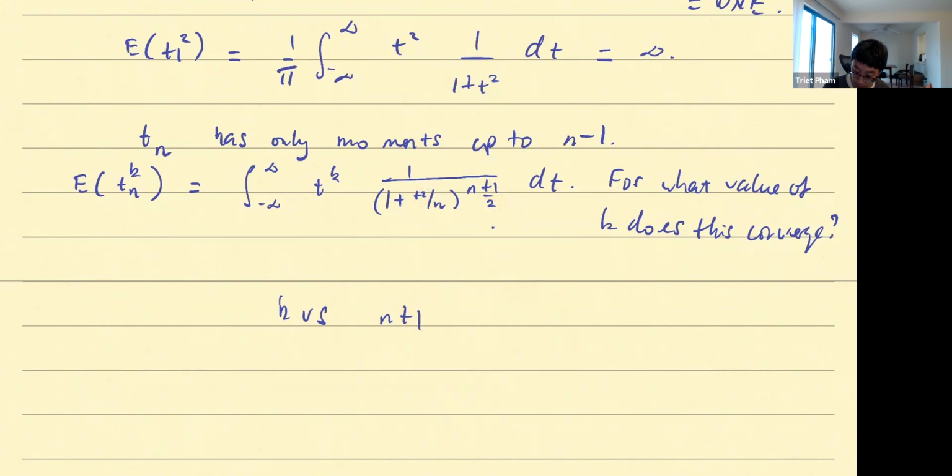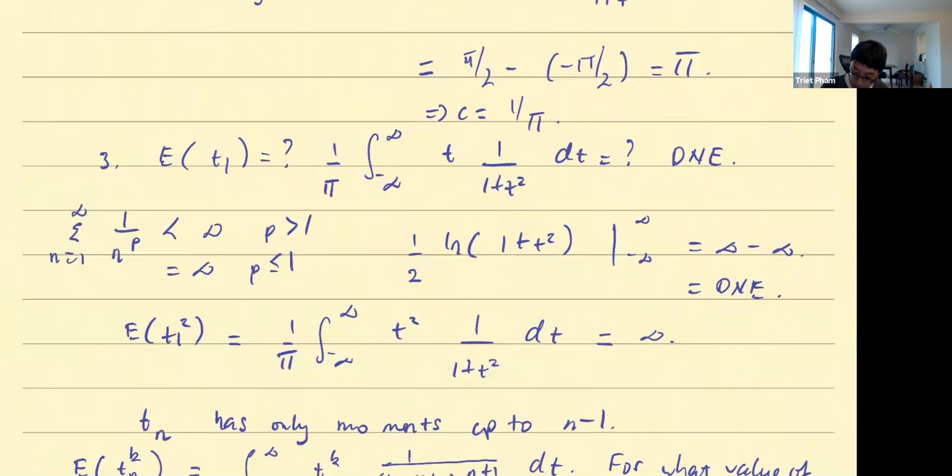So that's why it's k versus n plus 1. And what do we see? We see that for it to converge, it must be at least 2 gaps apart, because 1 gap apart does not work.